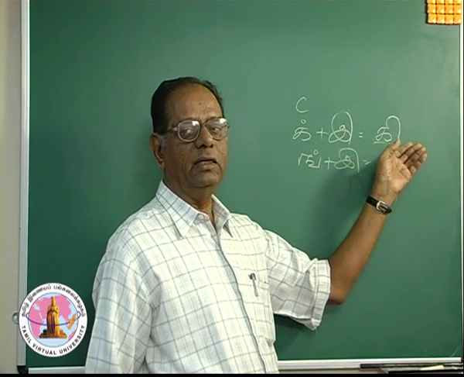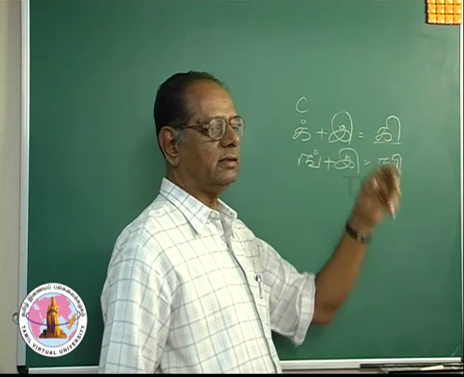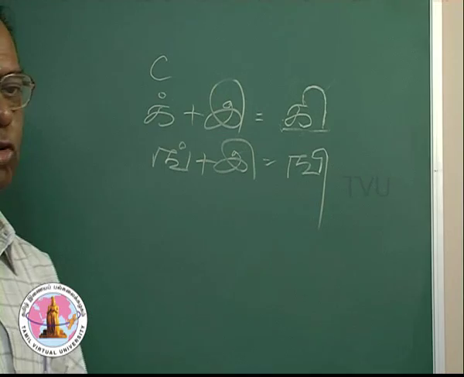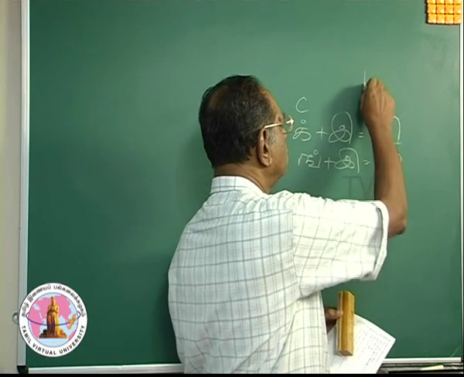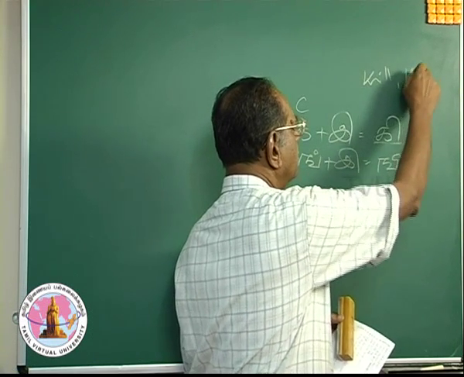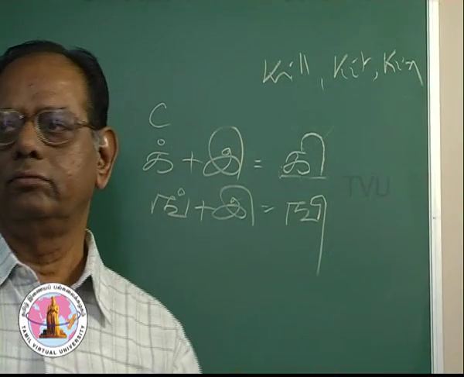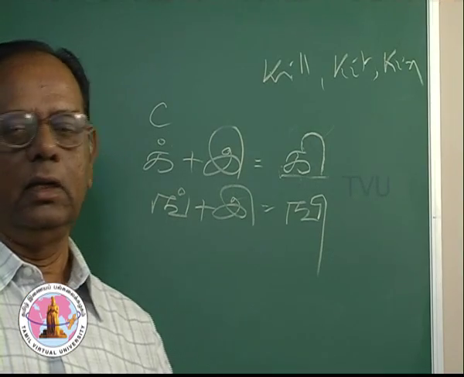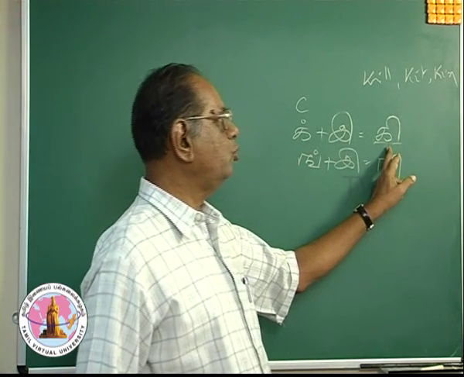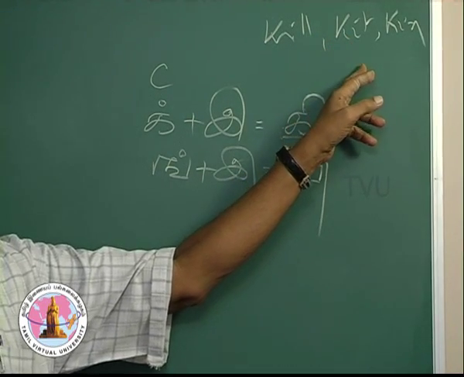As our practice has been, we have to locate what the exact sound of this particular letter is. This is ki, as you have in the English words kill, kit and kin.